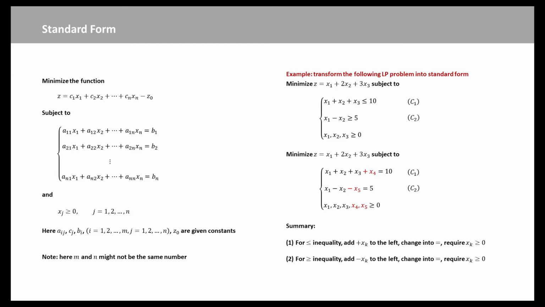For any less than or equal sign, you add a new variable xk to the left, and then change it into an equal sign. Then you require this variable to be non-negative. For an inequality with a bigger than or equal sign, such as constraint 2, you add negative xk to the left and change it into an equal sign. Then you require the variable to be non-negative. These new variables are called slack variables.